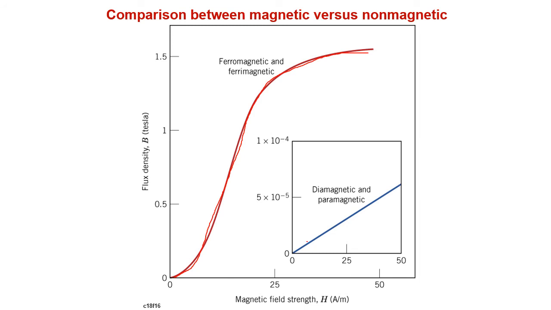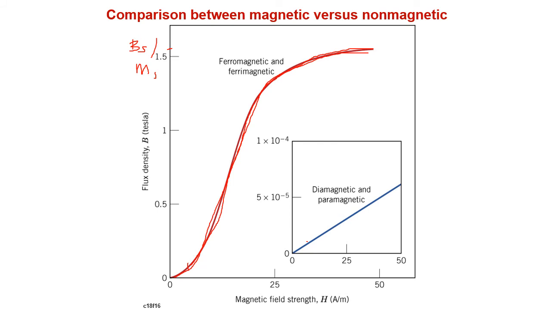For ferro and ferri, if we increase the H, the flux density will firstly increase by initial permeability and then rapidly increase up to the saturation level, where it achieves the Bs and also the Ms. While for diamagnetic and paramagnetic, the increment is proportional.